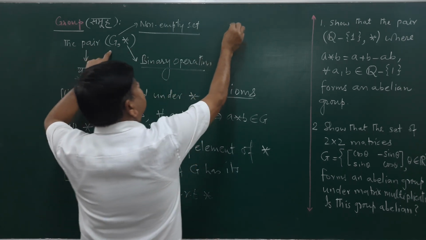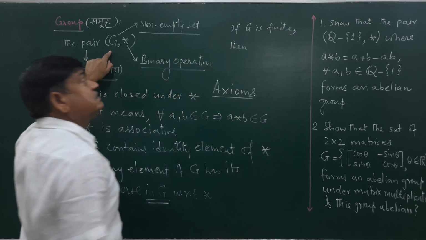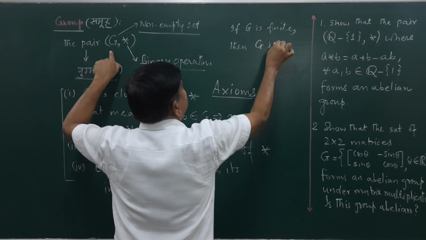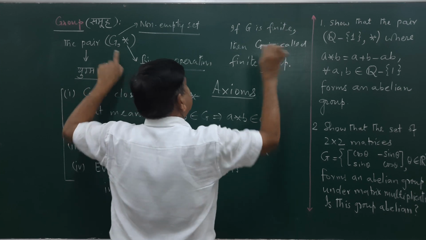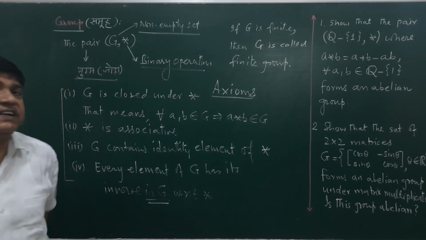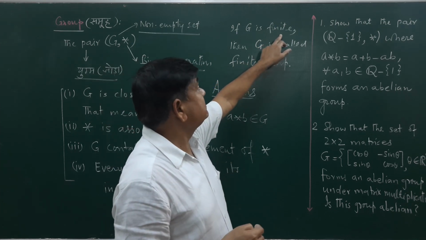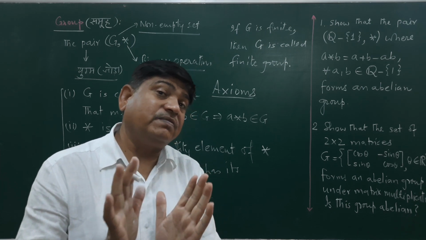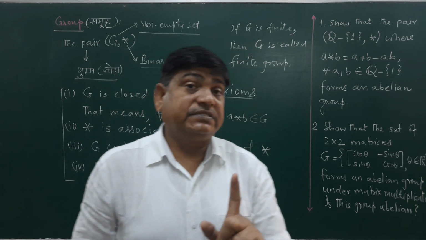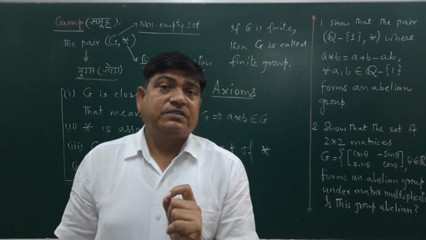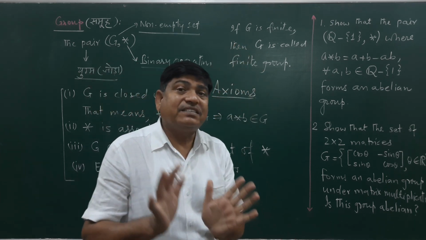Again, if G is finite, then G is called finite group. यदि G फाइनाइट है, फाइनाइट का मतलब नंबर ऑफ एलिमेंट्स मस्ट बी फाइनाइट, आप काउंट कर सकते हो. इफ G इज फाइनाइट, परिमित, देन G इज कॉल्ड फाइनाइट ग्रुप, अदरवाइज इट इज इनफाइनाइट ग्रुप. आई रिपीट, यदि G एक अरिक्त परिमित समुच्चय है तो इस समूह G को परिमित समूह भी कहते हैं.